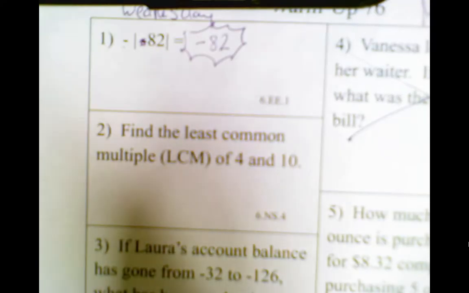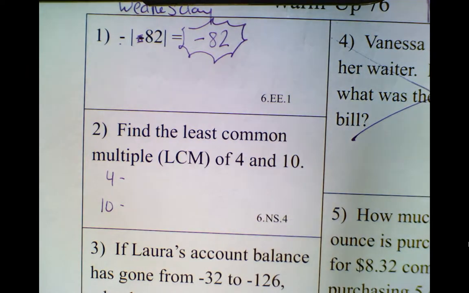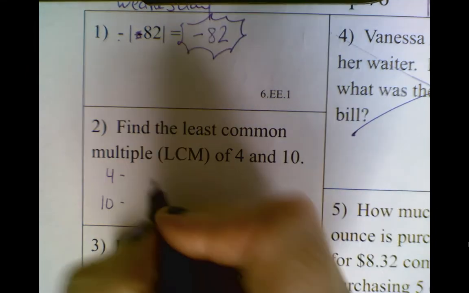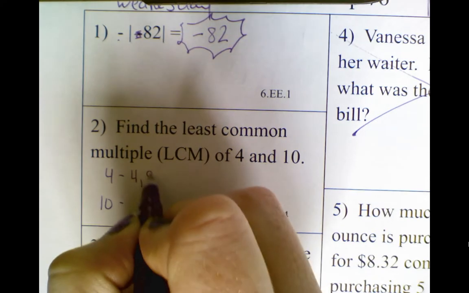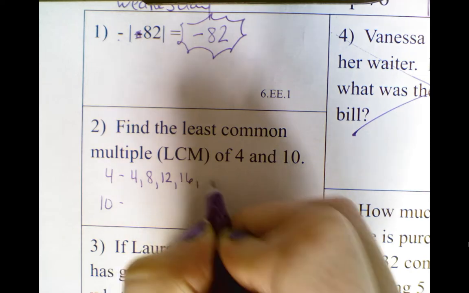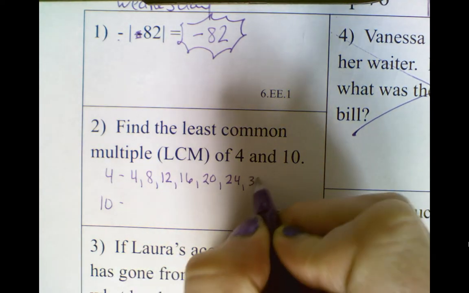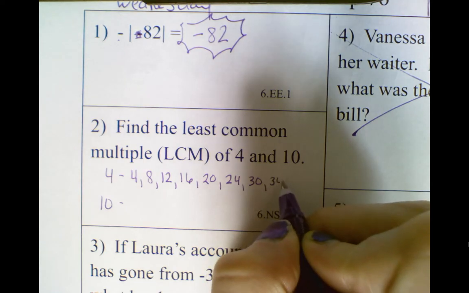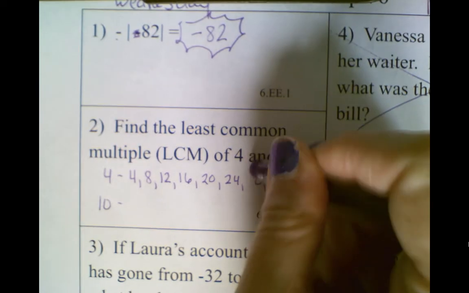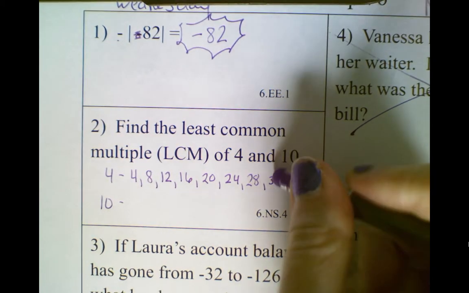Okay, find the least common multiple of 4 and 10. Remember, multiples are, what do they sound like? They're multiples. So you got 4, 8, 12, 16, 20, 24, oh, not 30. I skipped one. 28, 32, so on and so on.